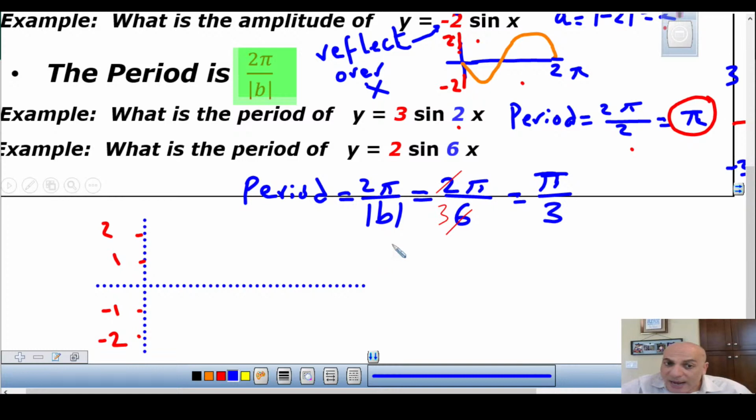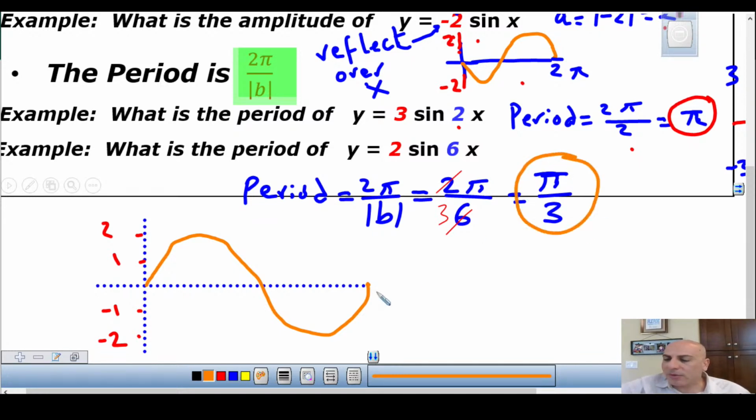Are you serious? Yes. So if I were to graph it, I'm going to start here, go all the way up to 2, down here, all the way down to -2, and then up here again to 0. How long did it take me? Well, we just said this guy finishes the whole thing in pi over 3. Pi over 3 is here.